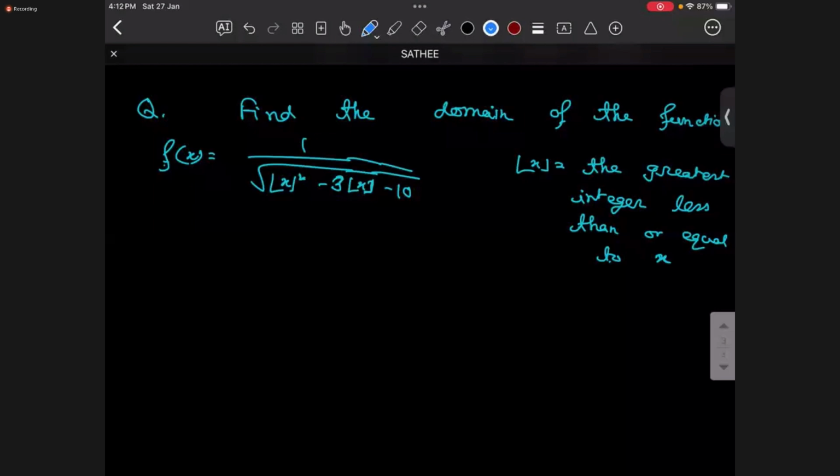Okay, so greatest integer less than or equal to x. What is the meaning? We have discussed the greatest integer function in the last class. So this is the greatest integer function. Whatever we have discussed in the last class, this is that function.